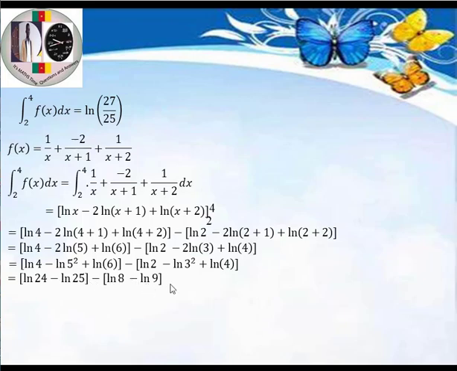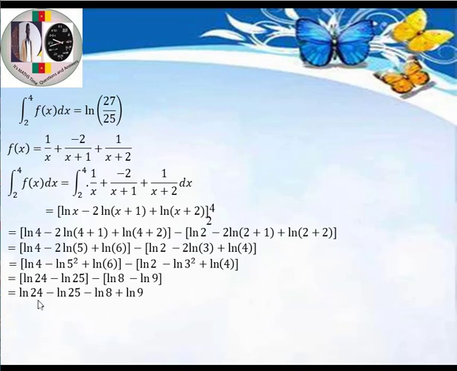So we are going to end up with ln 24 minus ln 25 minus ln 8 plus ln 9. Now we are adding ln 24 plus ln 9, and we are subtracting ln 25 and ln 8. So we'll multiply these two.